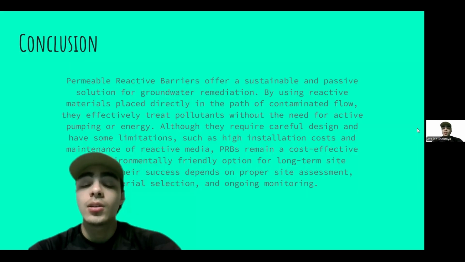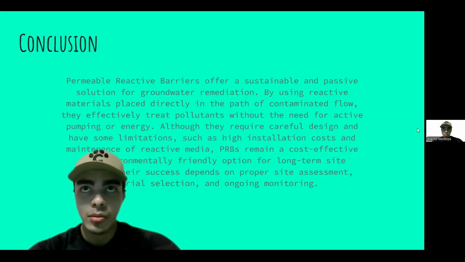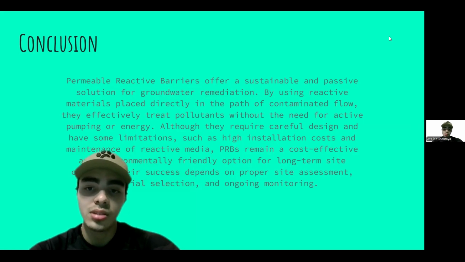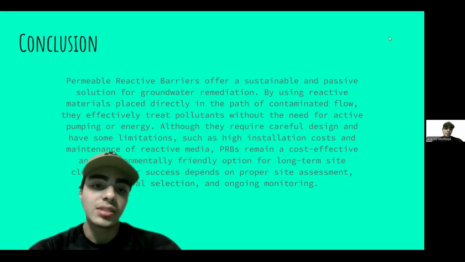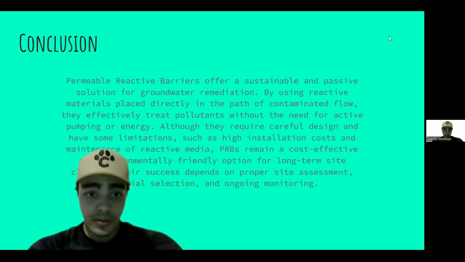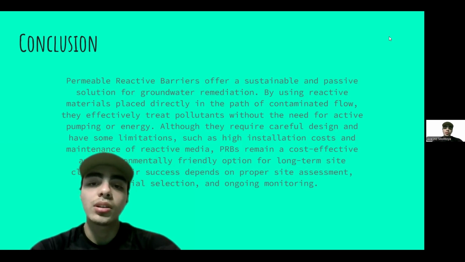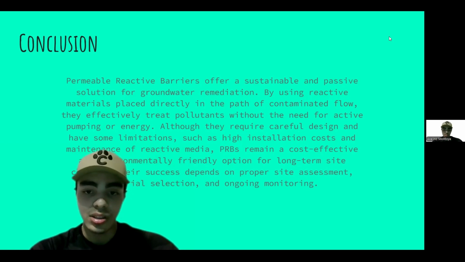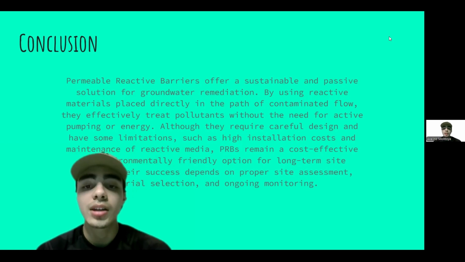Well, in conclusion, permeable reactive barriers offer a sustainable and passive solution for groundwater remediation by using reactive materials placed directly in the path of the contaminant flow. They effectively treat polluted groundwater without the need for active pumping or energy, although they require careful design and have some limitations, such as high installation costs and maintenance of the reactive medium.